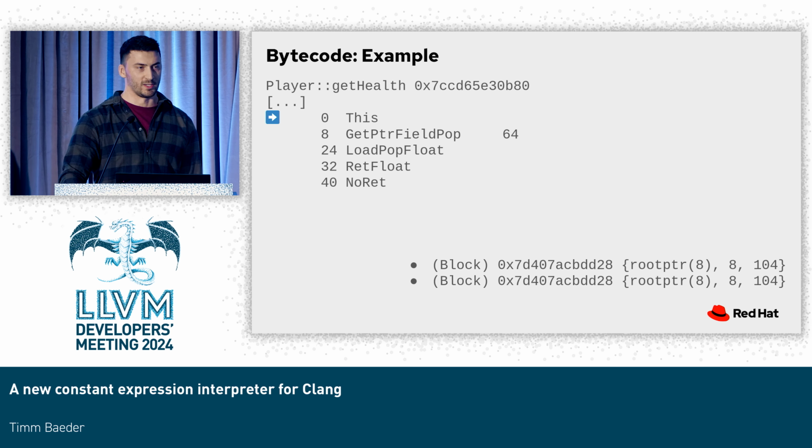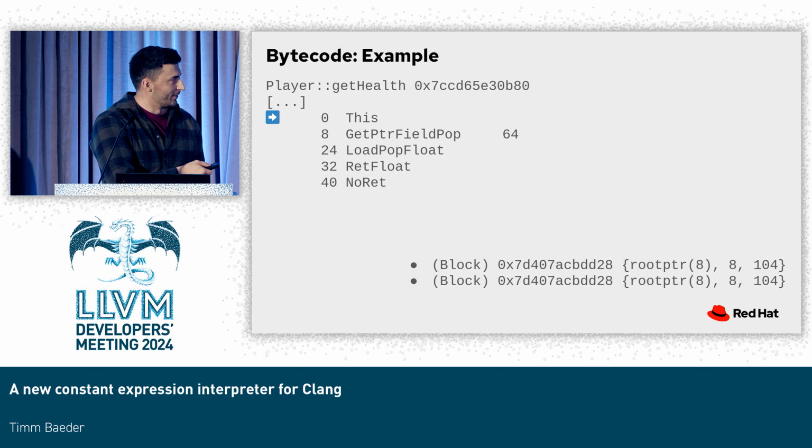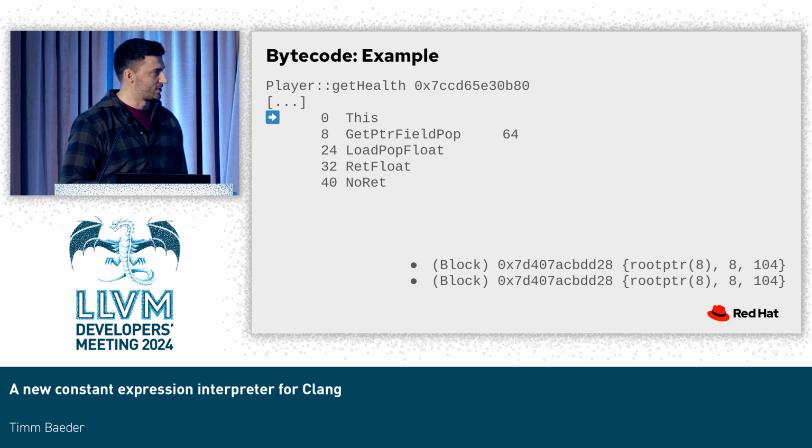What we want to do next is get the health field on the stack, right? We do that using the GetPtrFieldPop instruction. Maybe you can figure out a pattern for the naming yourself, but the GetPtrFieldPop instruction will pop the top of the stack, apply an offset, and then push the result back on the stack. And this is where we have the offset 64 that we saw before.